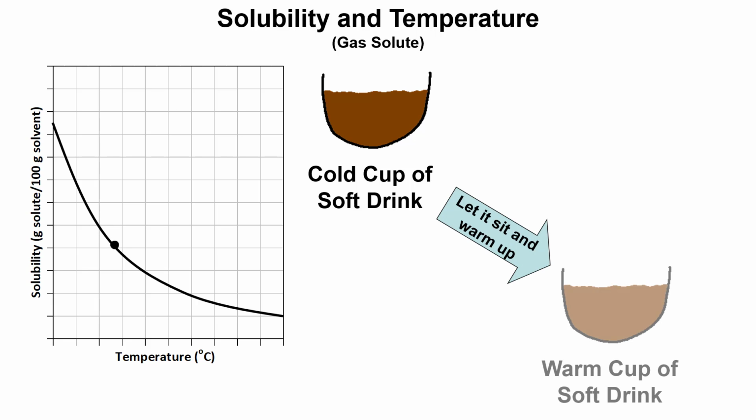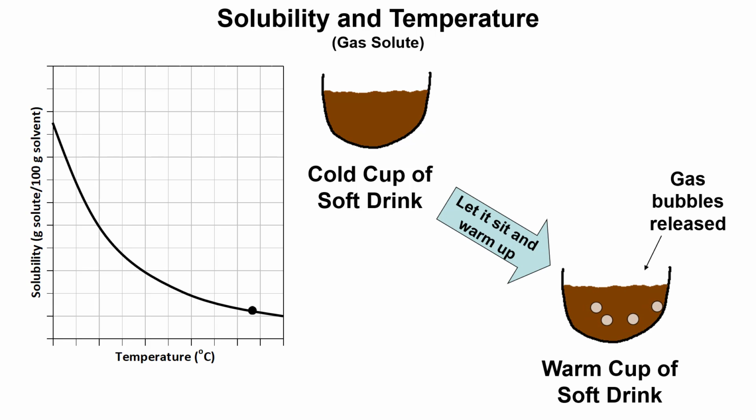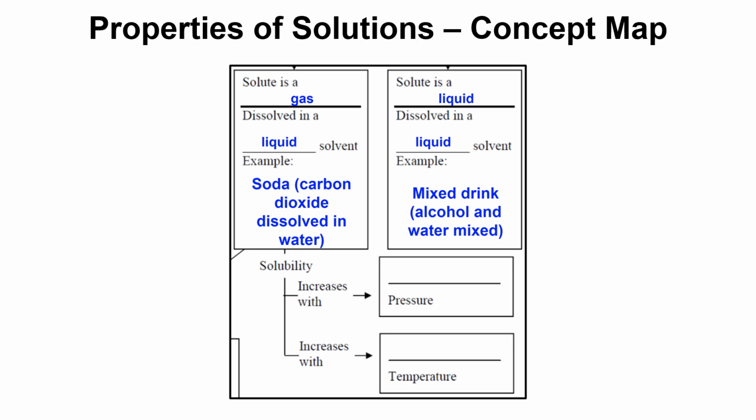And as it gets warmer, the solubility of the gas decreases. The gas bubbles come out, and you have flat soda. And so on our concept map, we're going to write down that the solubility of a gas increases with decreased temperature. You could also say that it decreases with increased temperature, but this is the wording we're going to use.